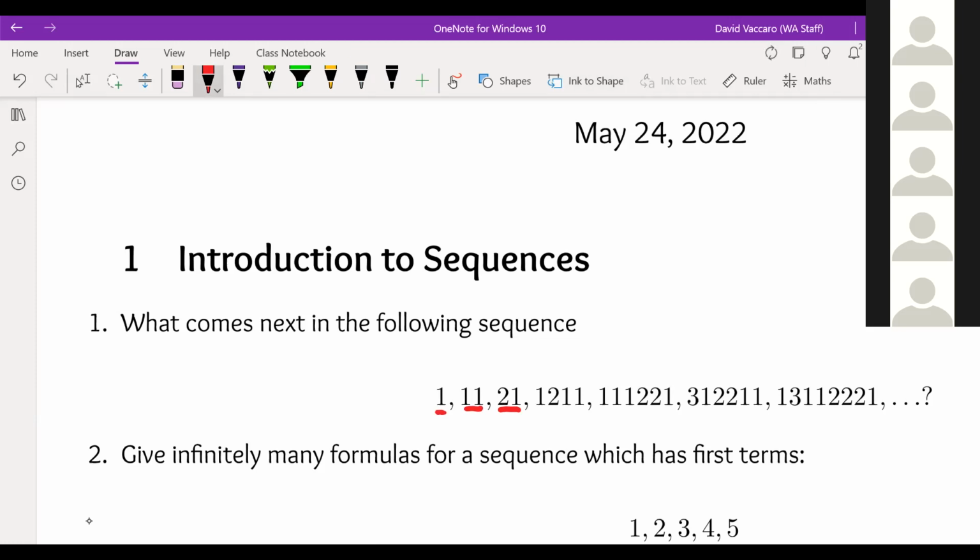Then we've got 1 2 1 1. And hopefully, in the way that I'm reading it, people can now see what's going on. The next number is 1 1, 1 2, and then 2 1s. Does anyone want to put in the chat and describe what's going on with this sequence?